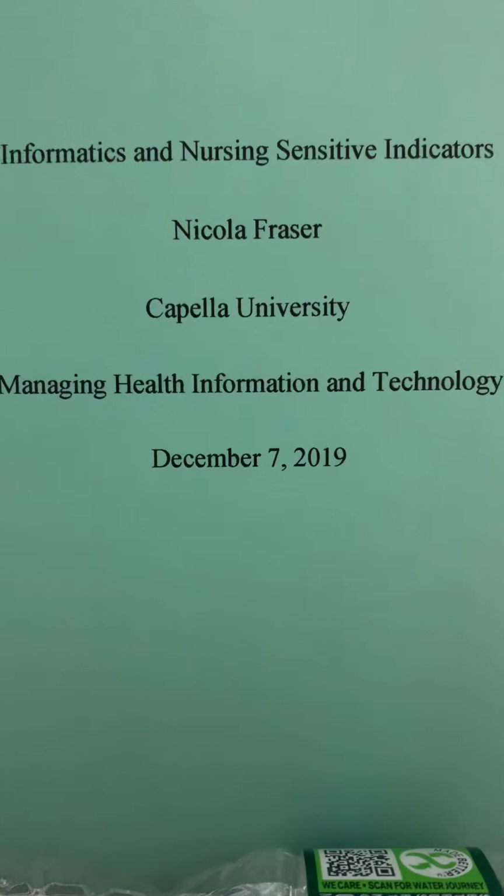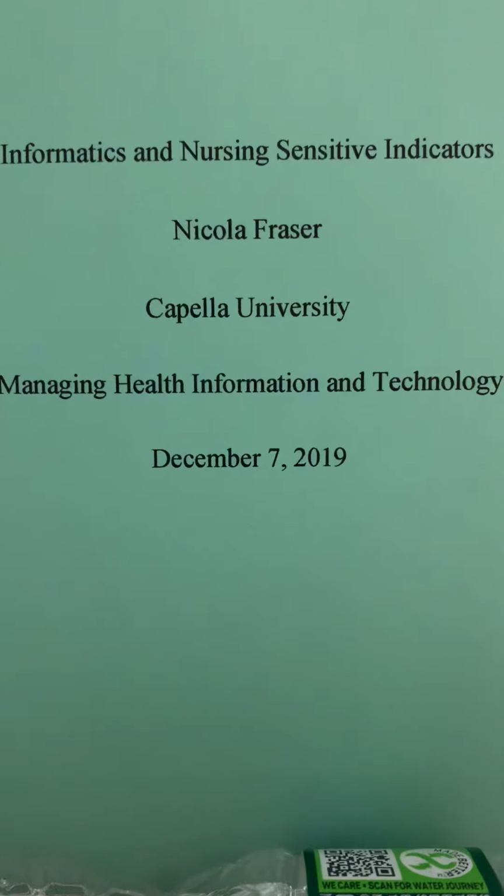The NDNQI was established in 1998 by the American Nurses Association in response to the American Nurses Association's Safety and Quality Initiative. The NDNQI is a voluntary national nursing quality measurement program in which structure, process, and outcome indicator data are collected at the nursing unit level for the purpose of evaluating nursing care.